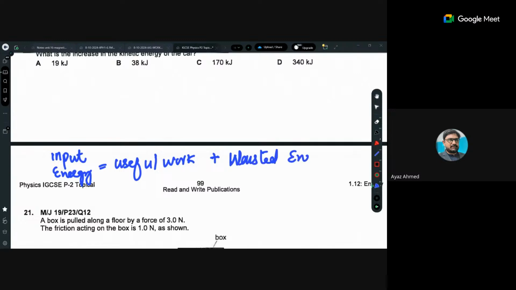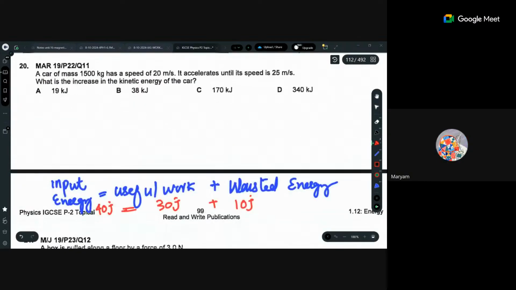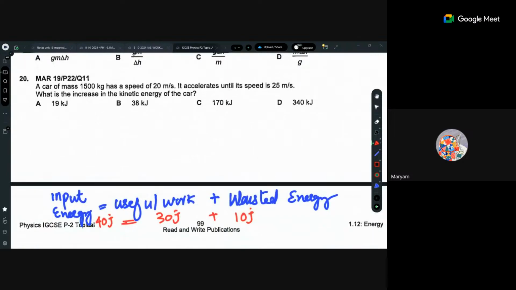Are you getting it? Useful is 30 joule and wasted is 10 joule. It means what did you totally provide? 10 plus 30. Got it? Yes, got it, sir.